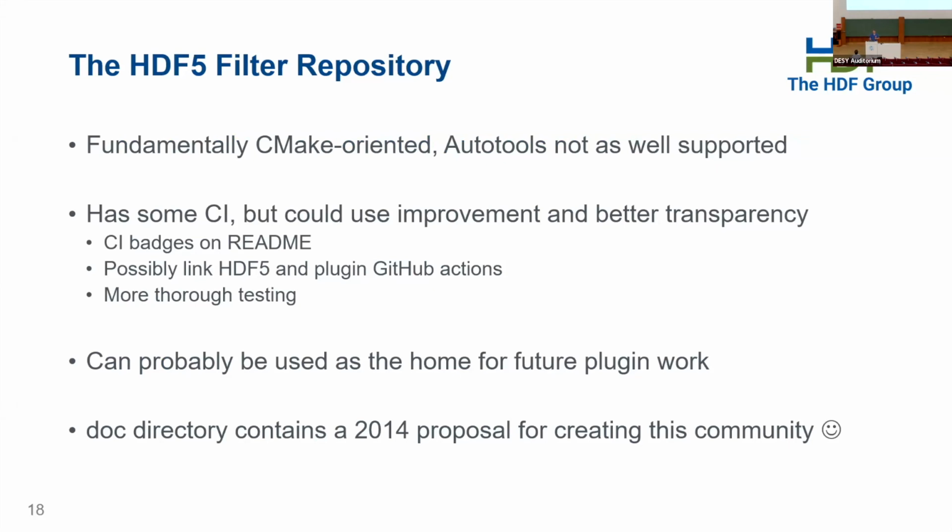The CI doesn't use the autotools. It has some CI, but it could use some improvements and better transparency. Some CI badges would be nice. Link it to HDF5 and have some plugin GitHub actions and stuff. And more thorough testing. Right now, I think it just does very simple tests: could it compress and uncompress a simple data set? But this could possibly be used as the home for future plugin work. This is what we decide is where everything is going to live.